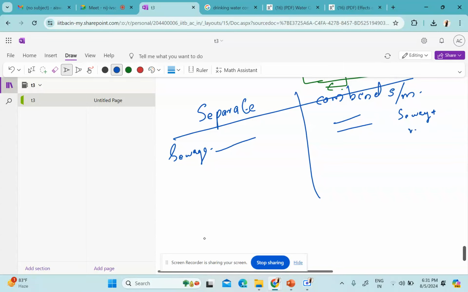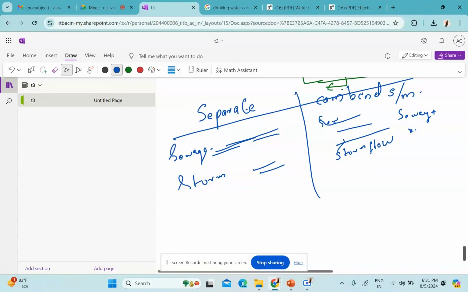Okay, that is right. So here separate means the sewage has different pipelines, and the storm water has different ones. So combined means in both, the sewage flow and the storm flow are combined.